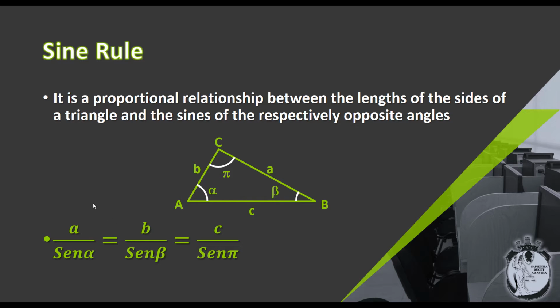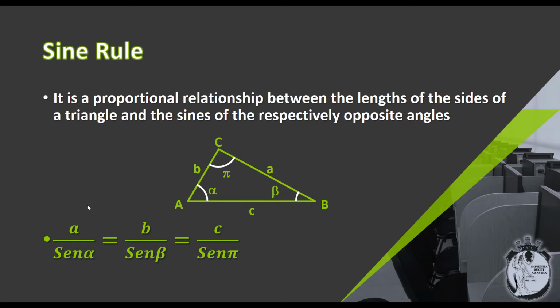Now, when you are working with oblique triangles, you need to remember that you can't use Pythagoras theorem or trigonometric functions. You need to use sine rule or cosine rule. You can apply the sine rule when you have the measurement of one side and the opposite angle.